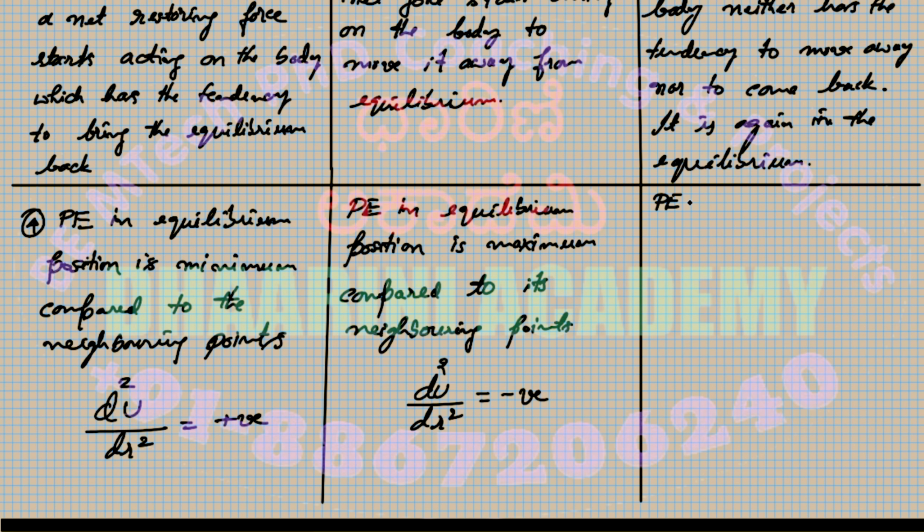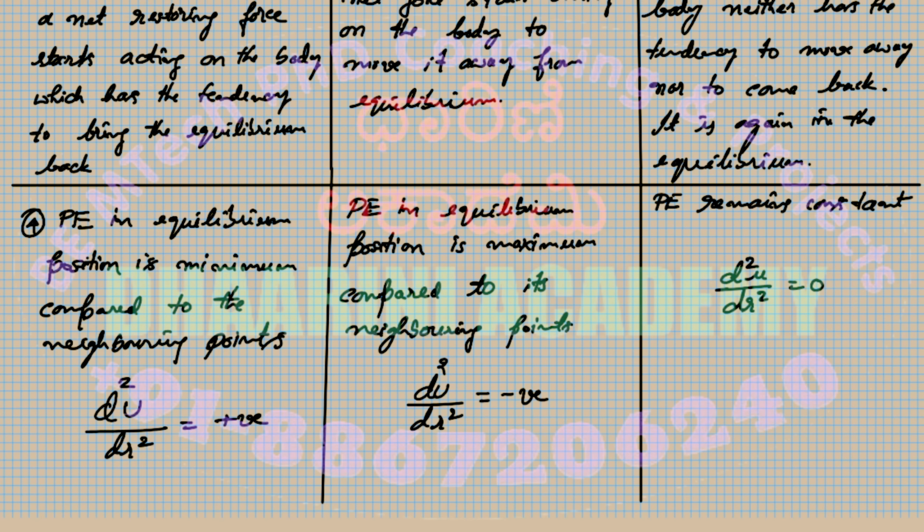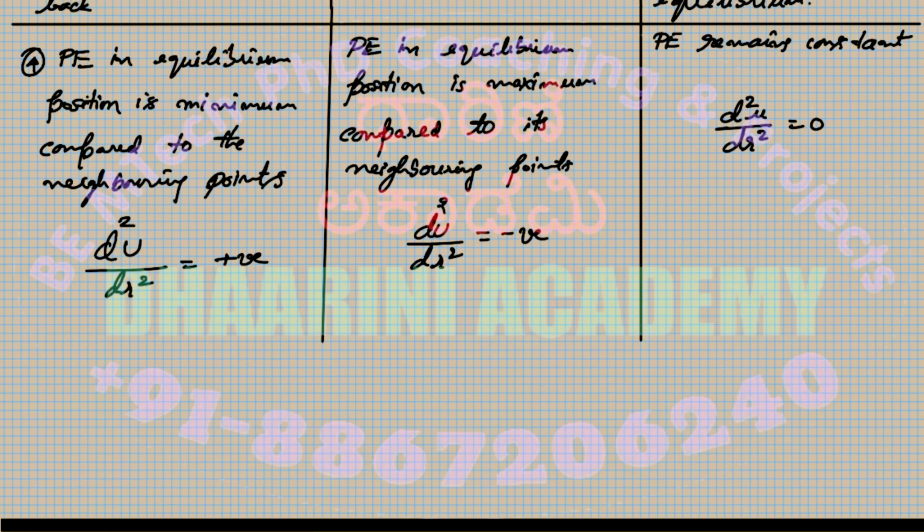Okay, so PE remains constant. So that means the d square u by dr square is going to be 0.